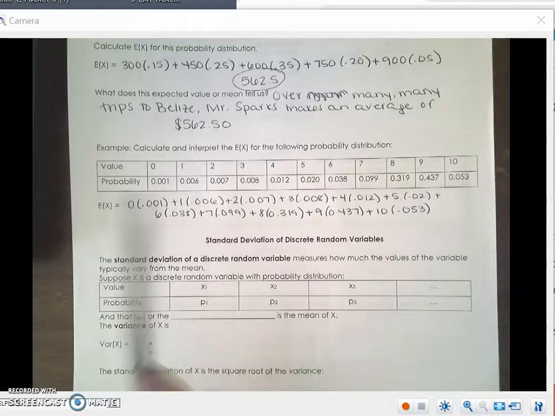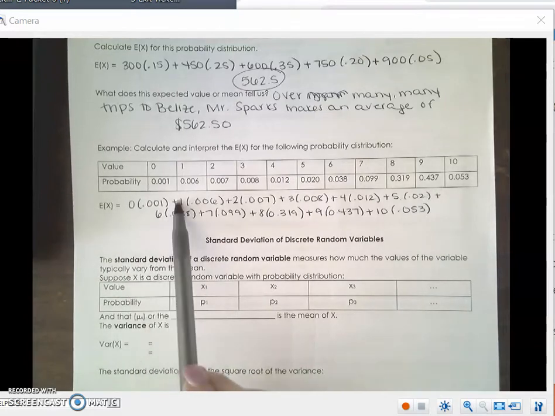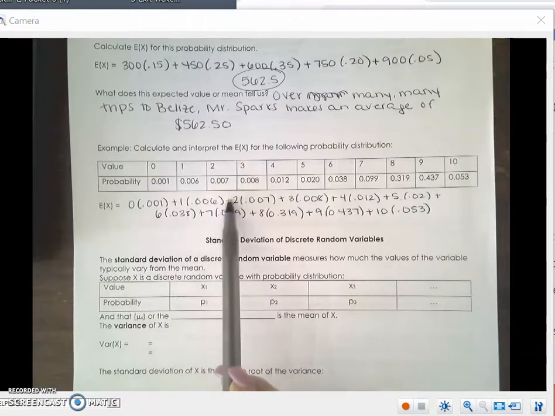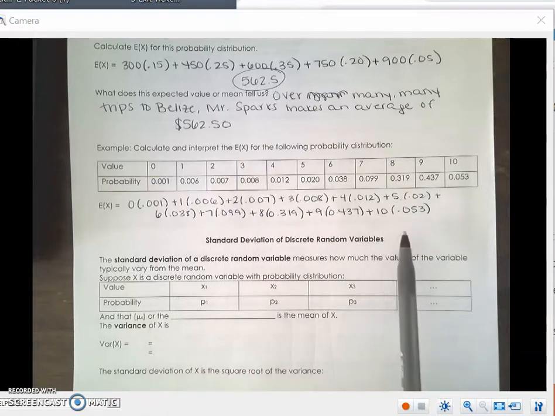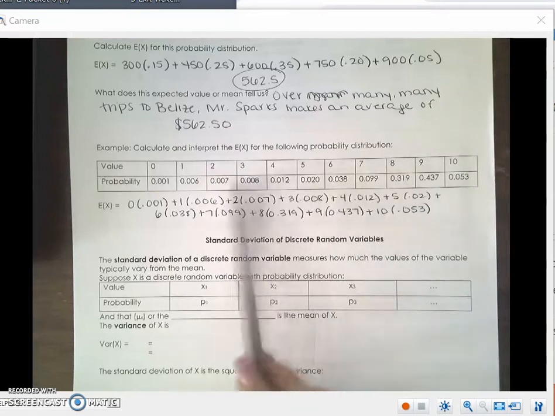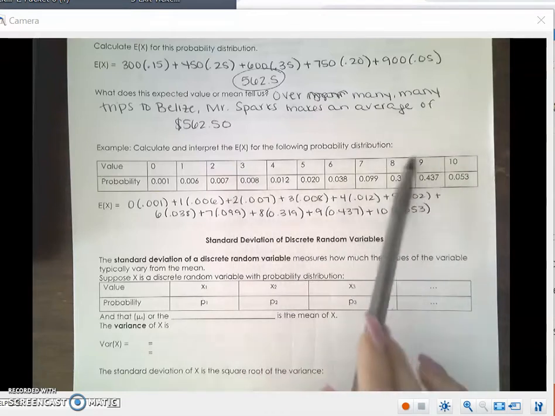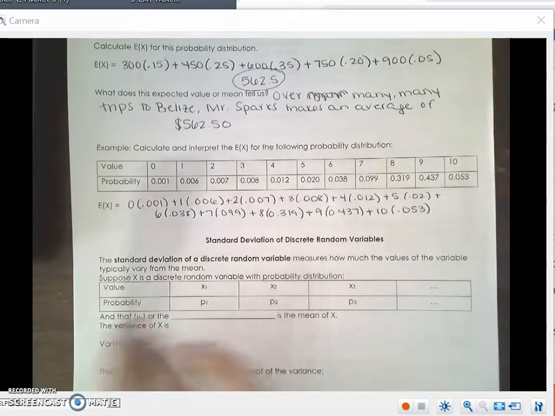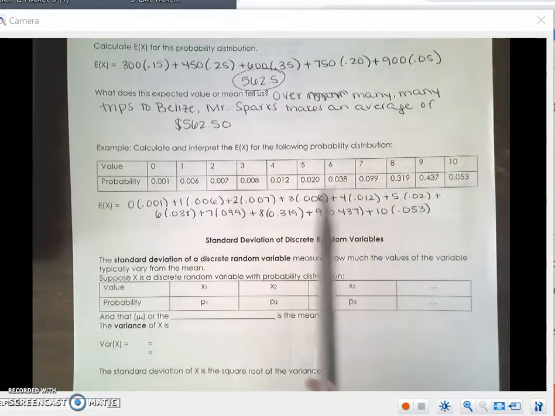Okay, when I wrote it out, this is what I got. So remember, it's value times the probability plus value times the probability plus value times the probability, etc. Now, just thinking about this, we should be able to determine what our expected value should be around. And by looking at these probabilities, my probabilities of getting an APGAR score of 8 or 9 are way higher than any of the other probabilities.